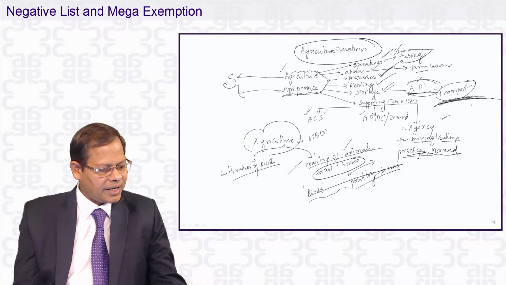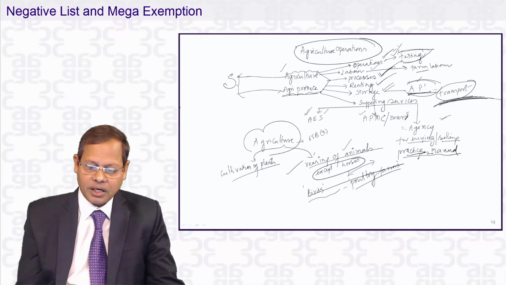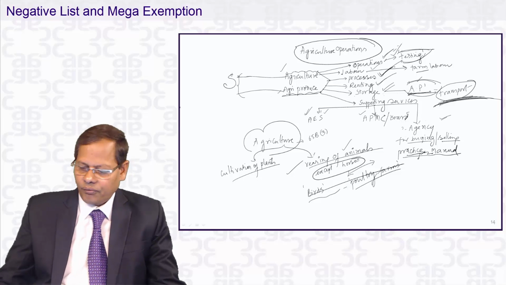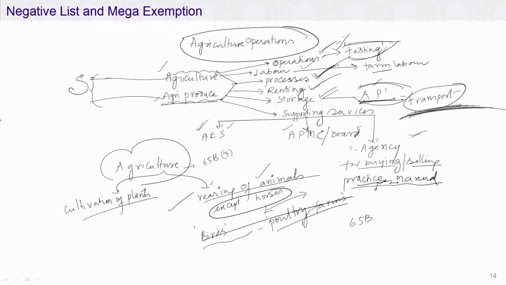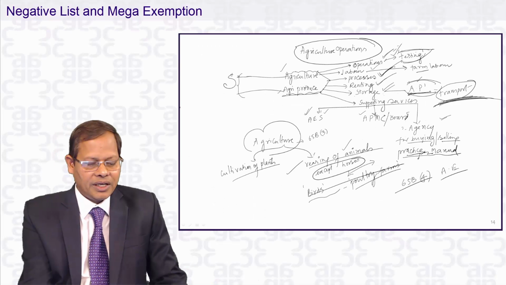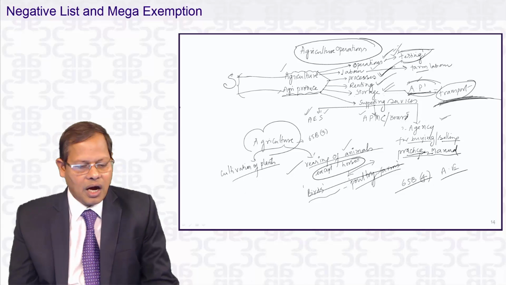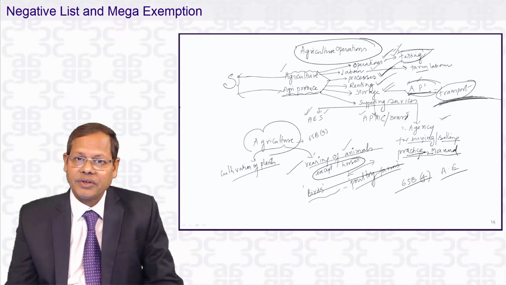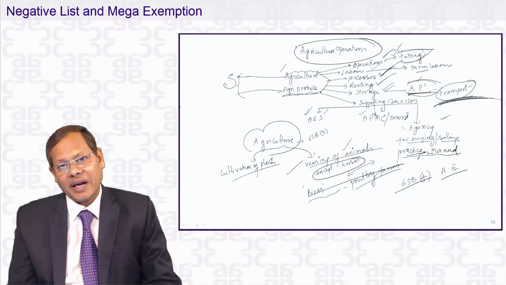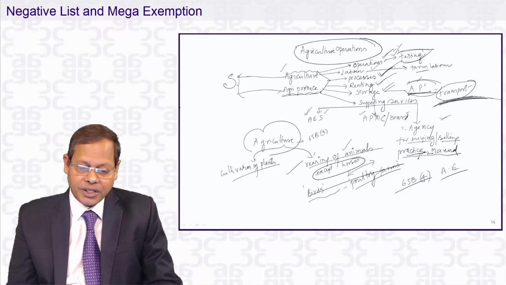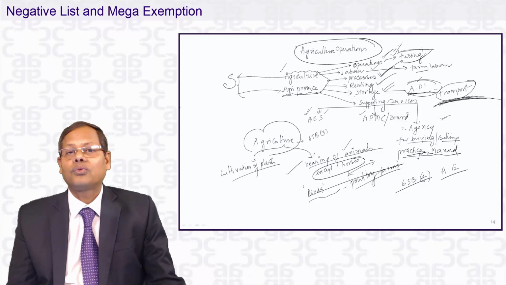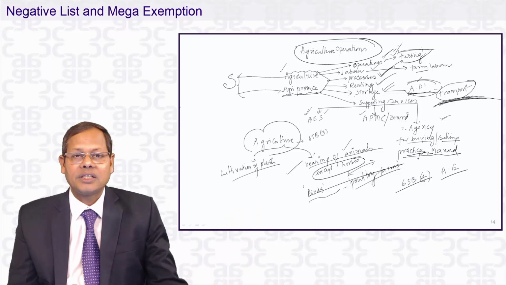It has been defined under 65B clause 4, agricultural extension. Let me read out the definition to give you an idea. Agricultural extension here means application of scientific research and knowledge to agricultural practices through farmer education or training. Whatever training is conducted, that is covered.